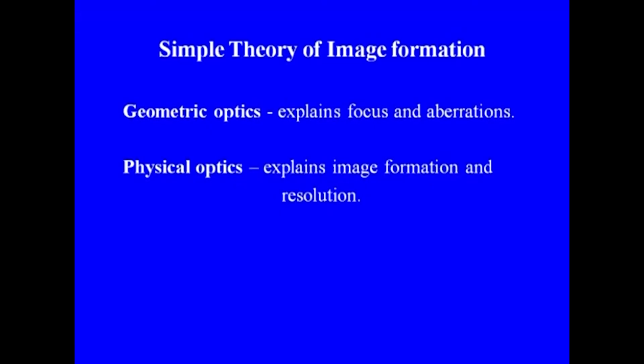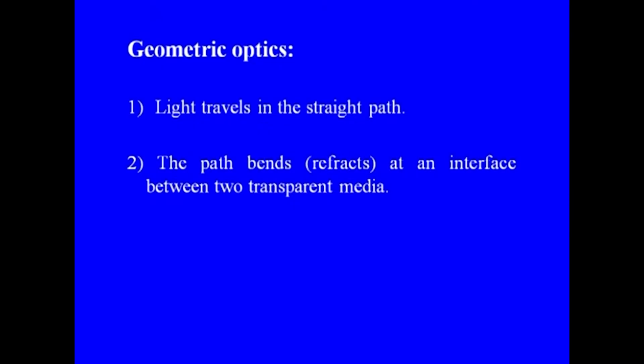Geometric optics explains primarily focus and aberrations, whereas physical optics explains image formation in terms of contrast and resolution. Let us take both of these one by one. Let us first discuss geometric optics.